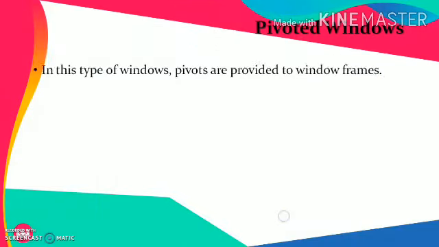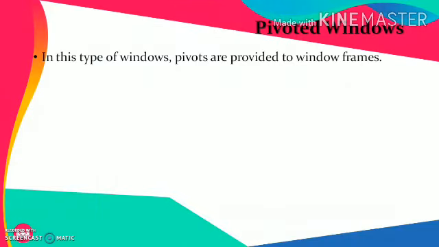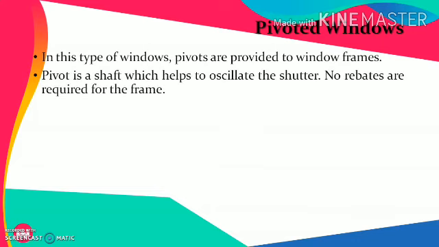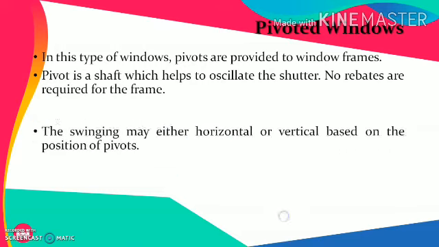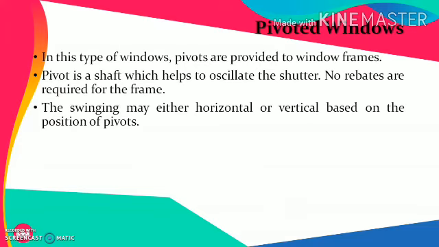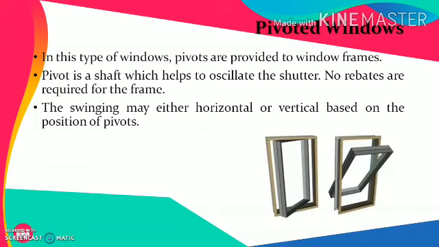Next is the pivoted window. In this type of window, pivots are provided to window frames. A pivot is a shaft which helps to oscillate the shutter. No rivets are required for such kind of frame. The swinging may be either horizontal or vertical based on the position of pivots. This is the figure of the pivoted windows.